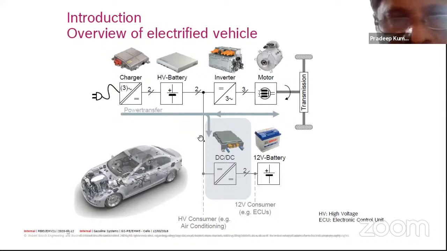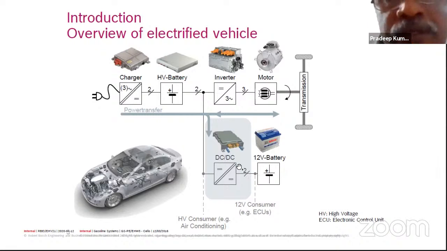So we tap this particular high voltage. This is 384 volt here, and then we put a DC to DC converter. The name suggests that it is converting DC voltage into DC, a kind of stepping down happening here. The secondary side of the DC-DC is approximately 14 volt, so that it can be connected to the 12-volt battery so that the battery can be charged.